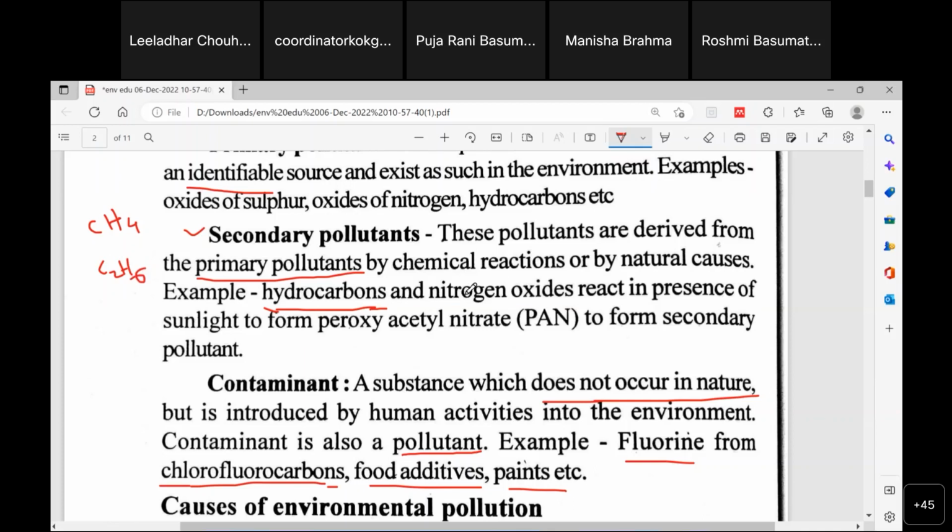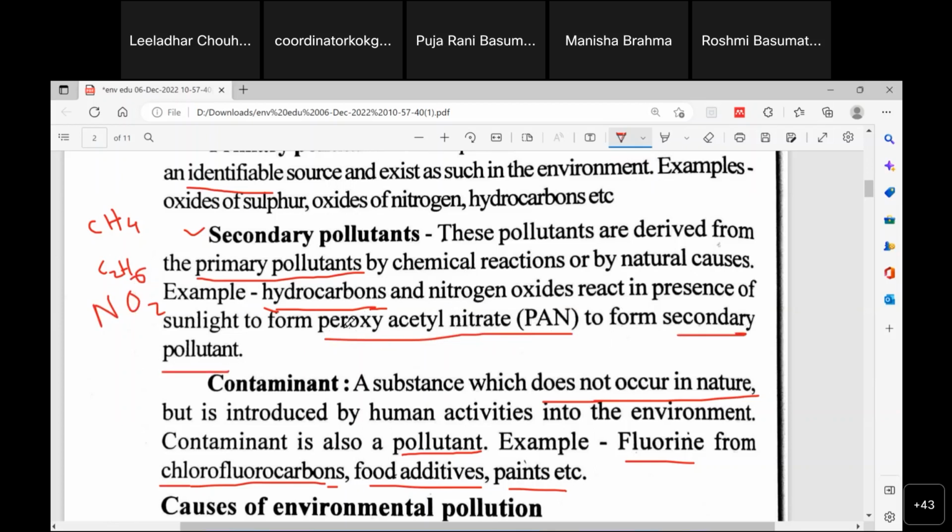So these hydrocarbons and nitrogen oxides, nitrogen can have different oxides like nitrogen dioxide, N2O, several types of nitrogen oxides are there. These hydrocarbons and nitrogen oxides react in the presence of sunlight to form peroxyacetyl nitrate, and that is a secondary pollutant.